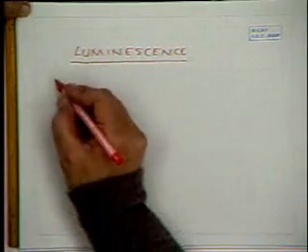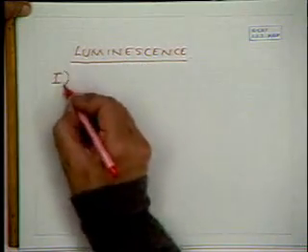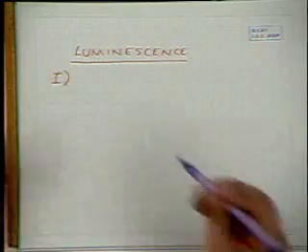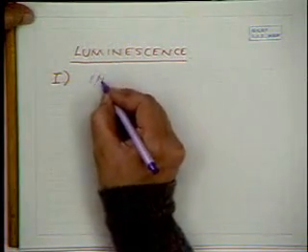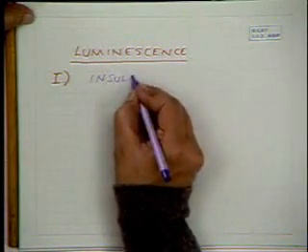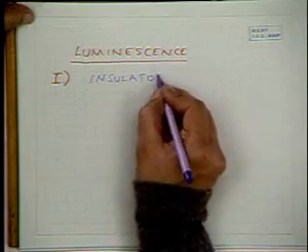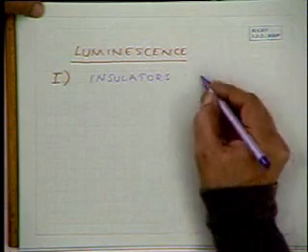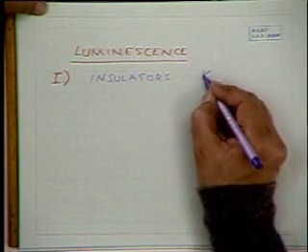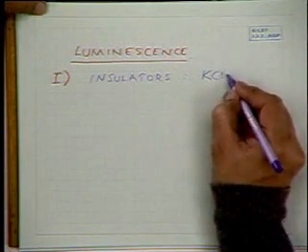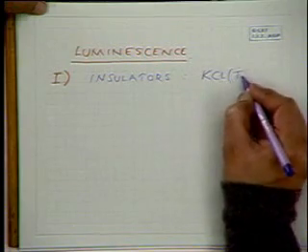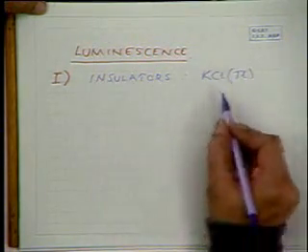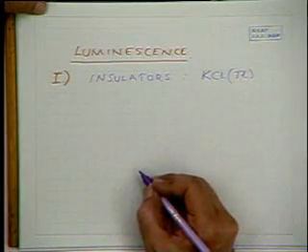For example, it can occur in insulators such as the alkali halides, such as potassium chloride, which is doped with thallium.